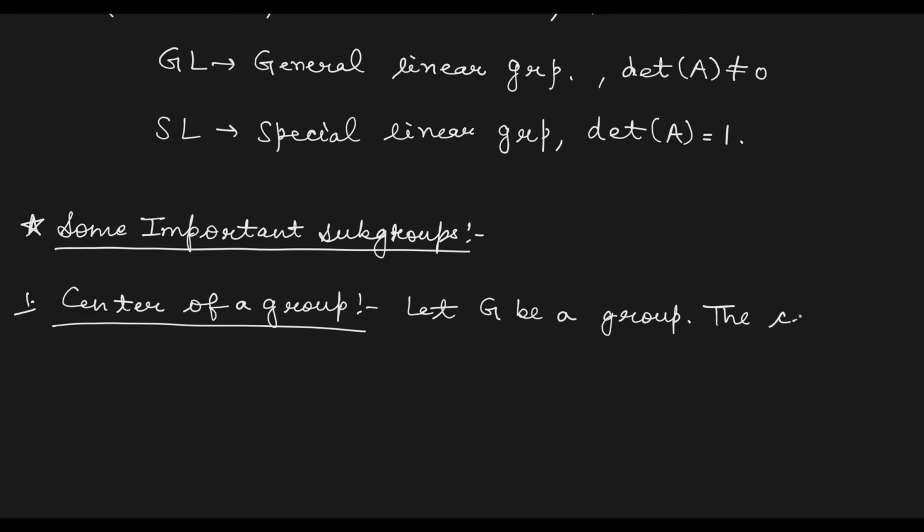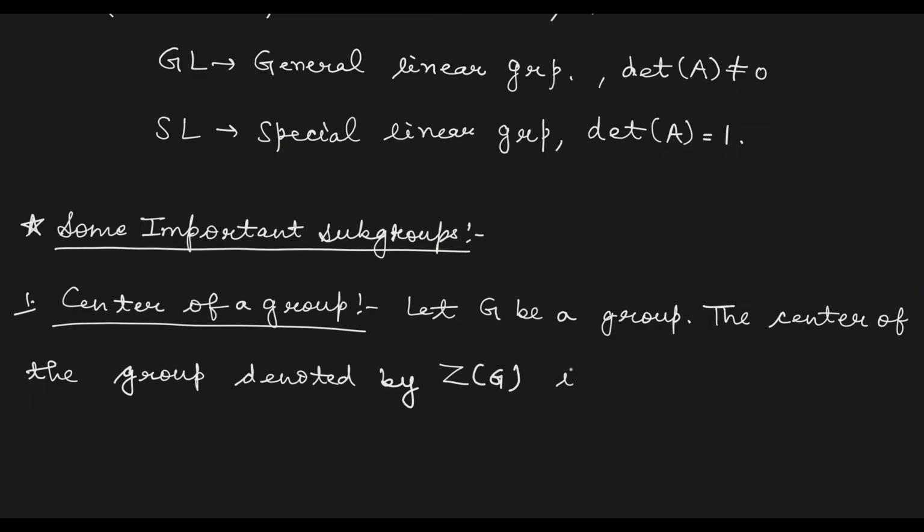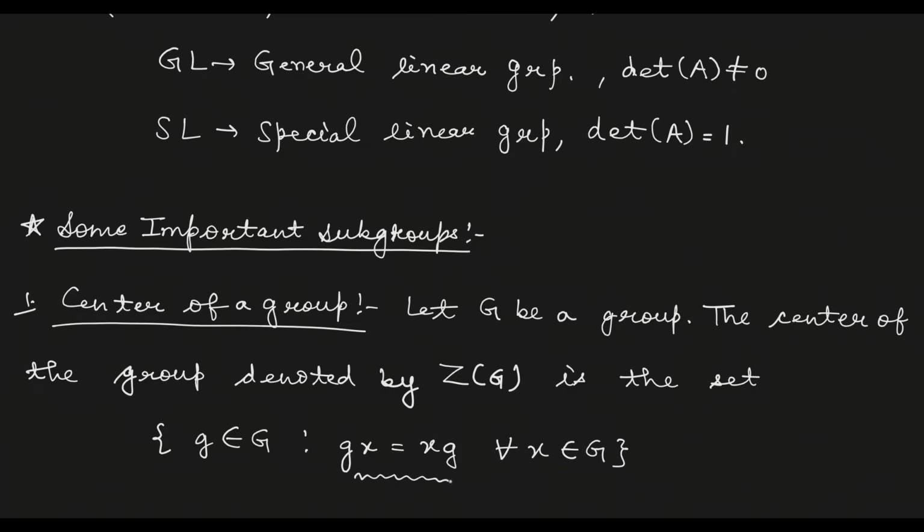The center of the group denoted by Z(G) is the set of g belongs to G such that gx is equal to xg for all x belongs to G. It is like commutative property only.